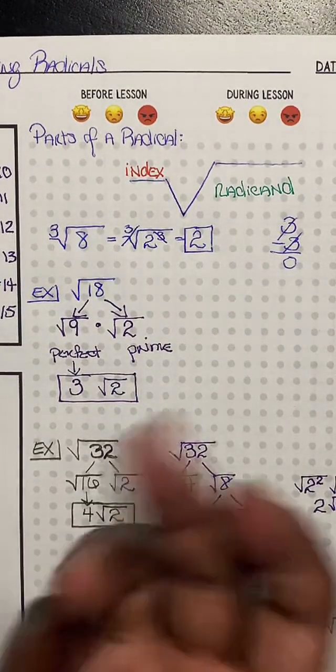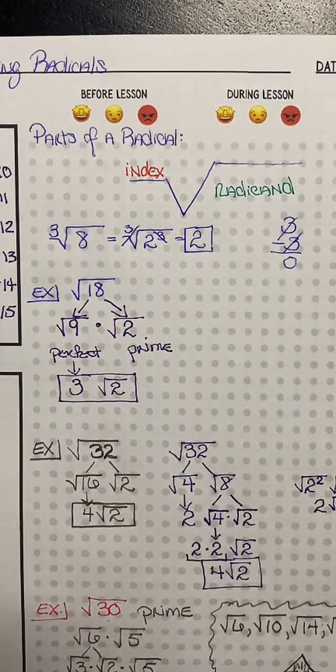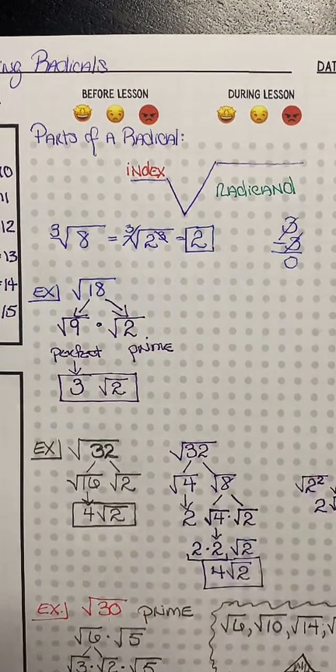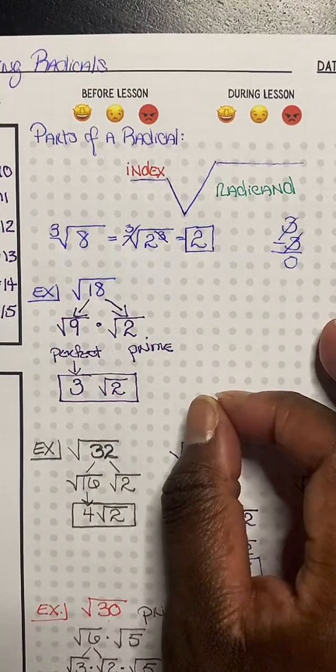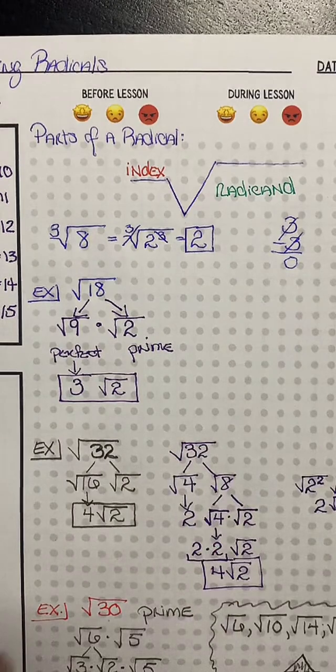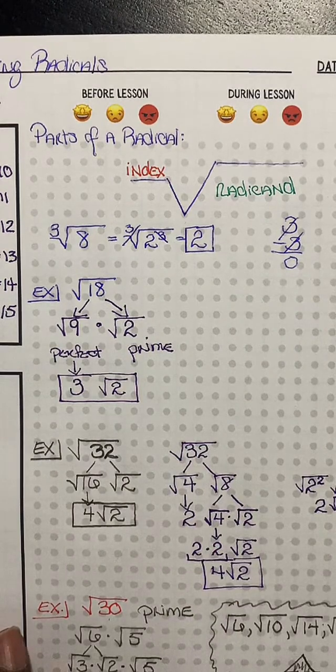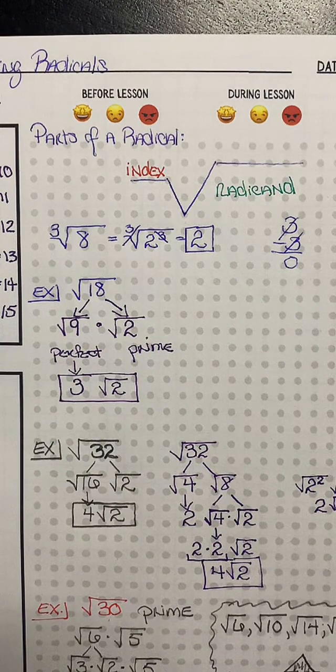So we're not just putting it in our calculators and spitting out the decimal. Because when you're doing the decimals, you're going to be rounding. And when you're rounding, you're not giving me the true value of the number. Okay? So all you're doing is just finding the estimate. Okay? We want to have the true value. All right?